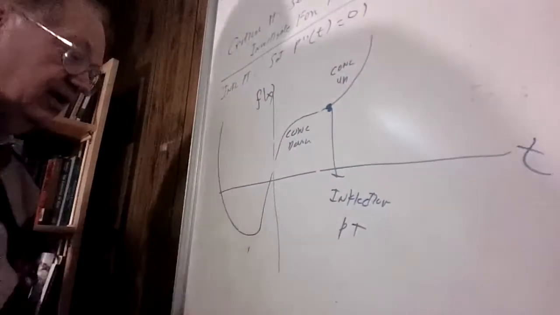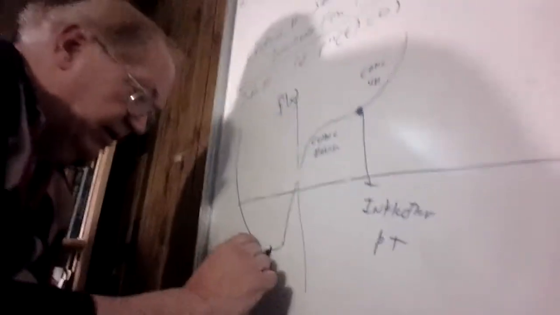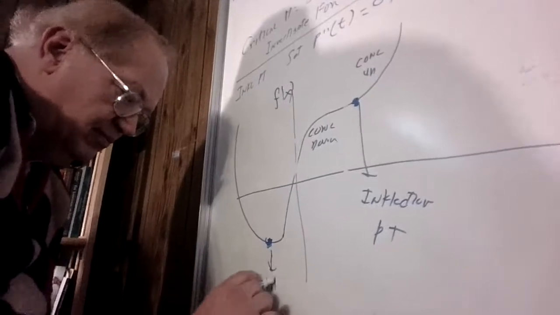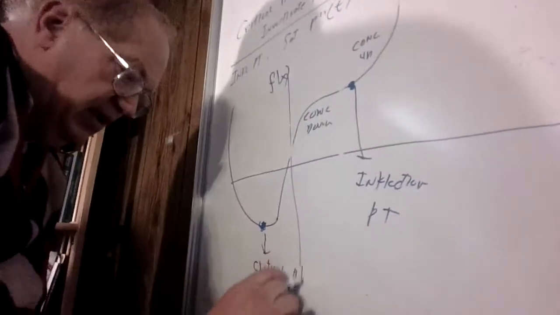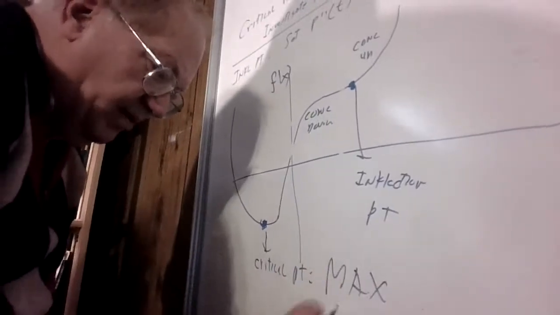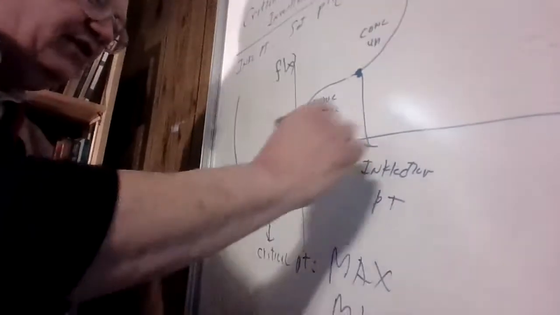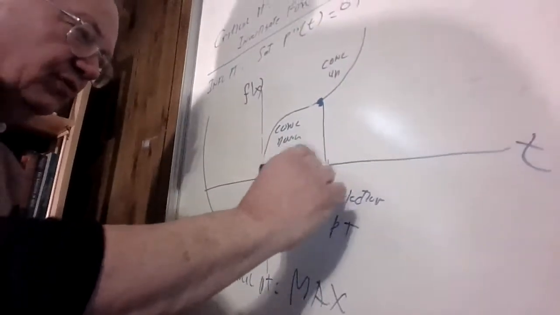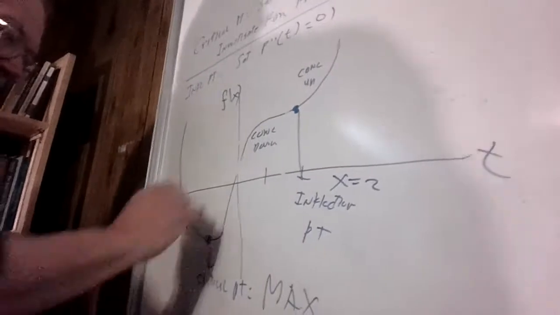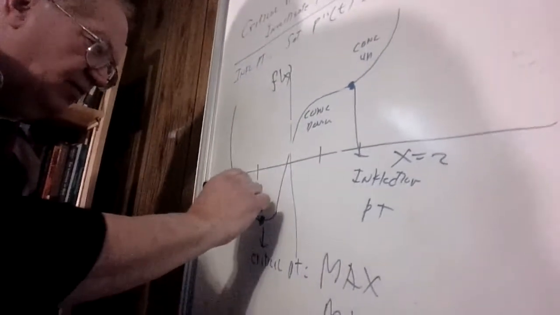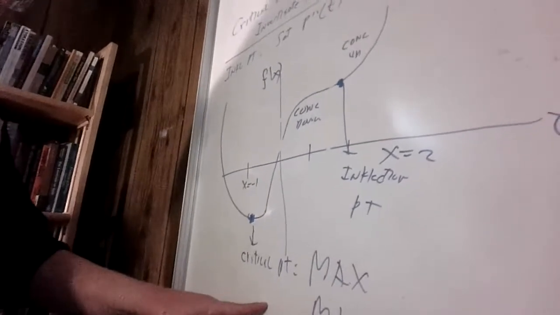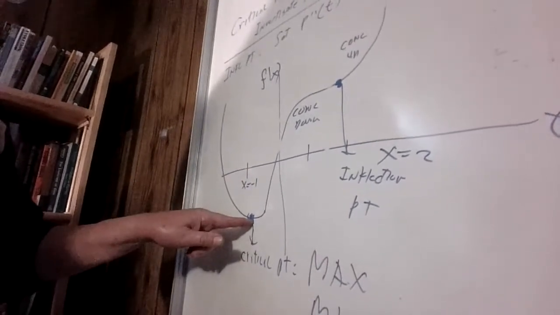Now, here is a critical point. And a critical point is either on a maximum or a minimum point. So let's say this point here was 1, 2. So here, x equals 2 is my inflection point. Let's say this point here is x equal minus 1. X equal minus 1 would be my critical point. In this case, it would be at a minimum.